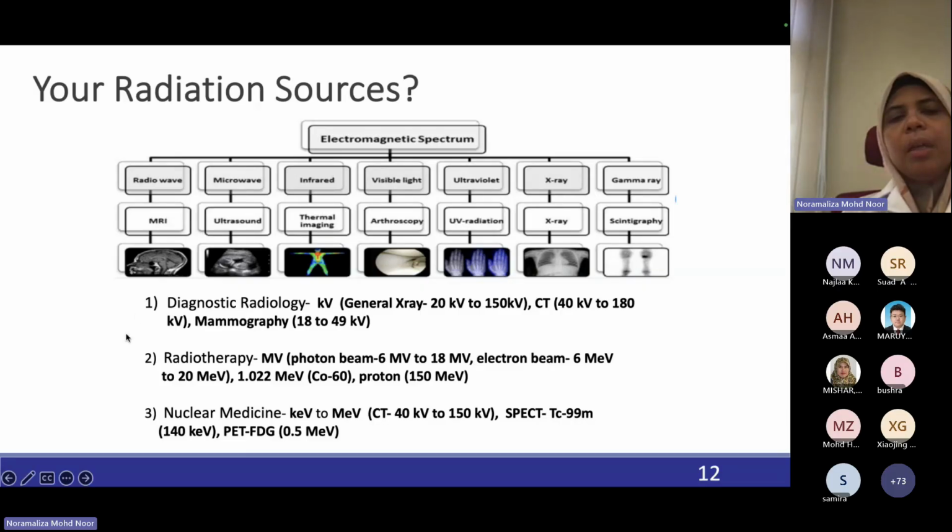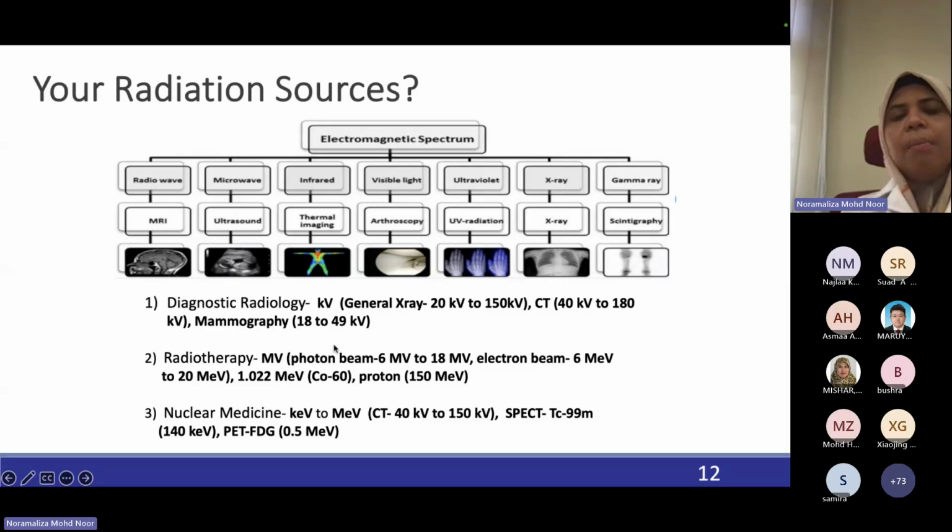However, for radiotherapy, because the aim is to kill the cancer cell, we utilize high energy, because we know that most cancer cells are deeply seated in our body. That's why we need more penetration, so we use a higher energy, which is megavoltage.